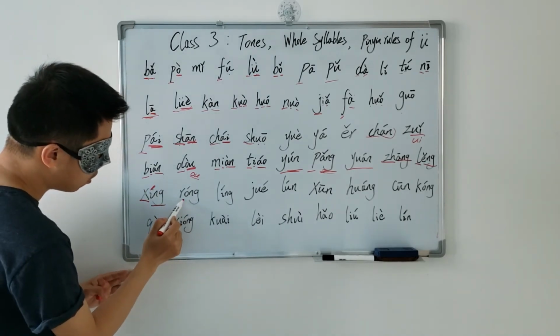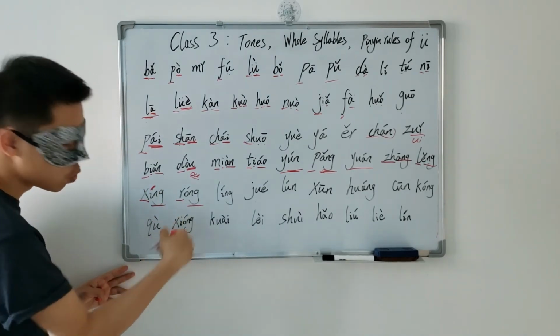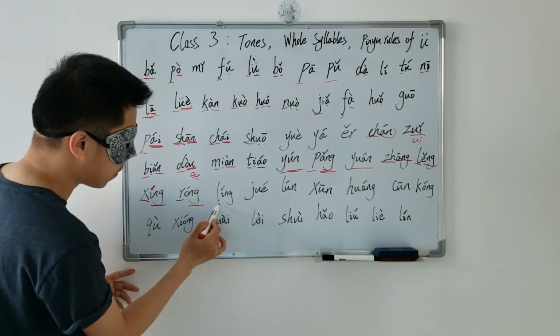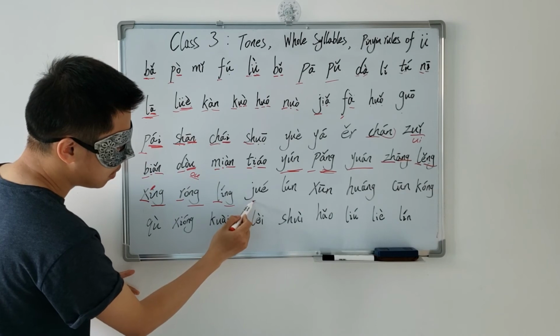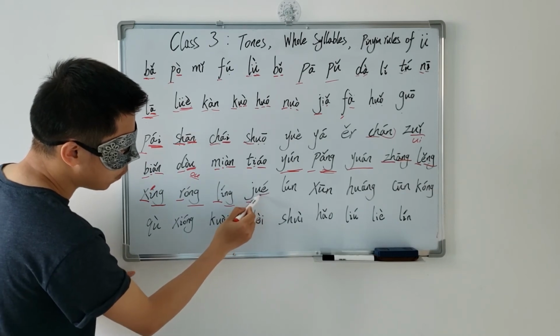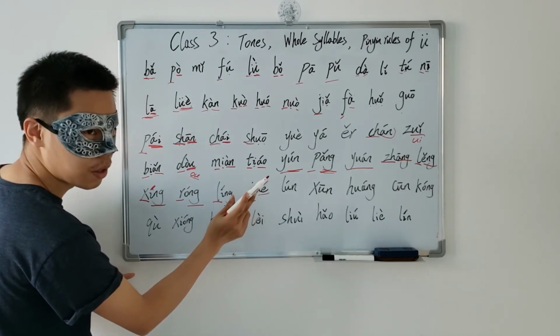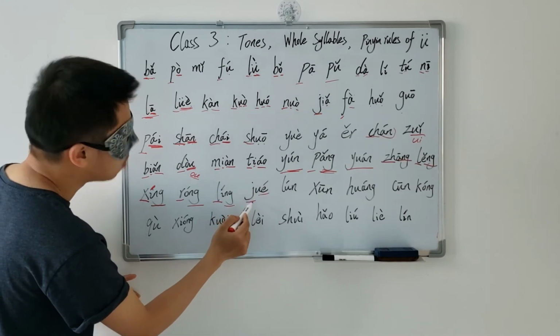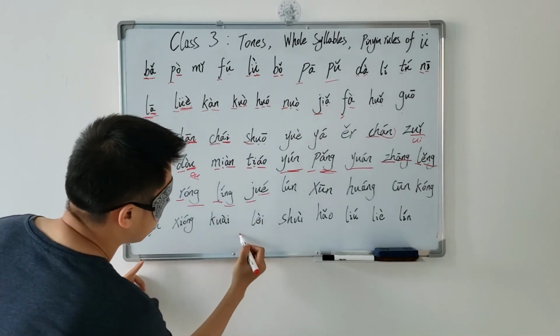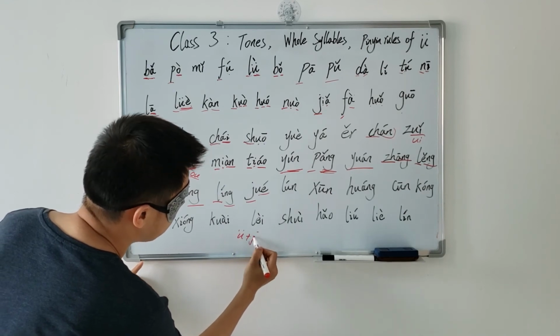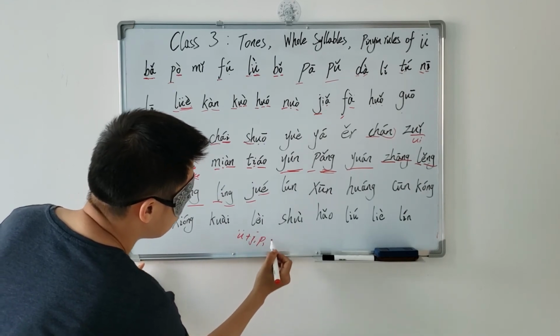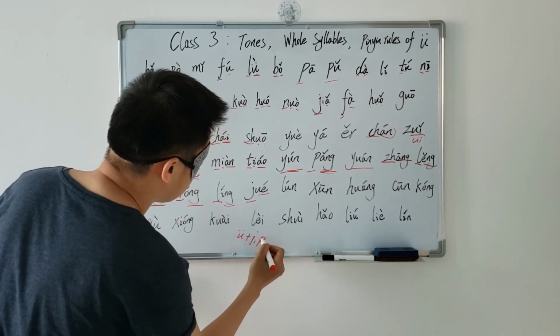You know when u plus j, no, not j, g p, no g t.